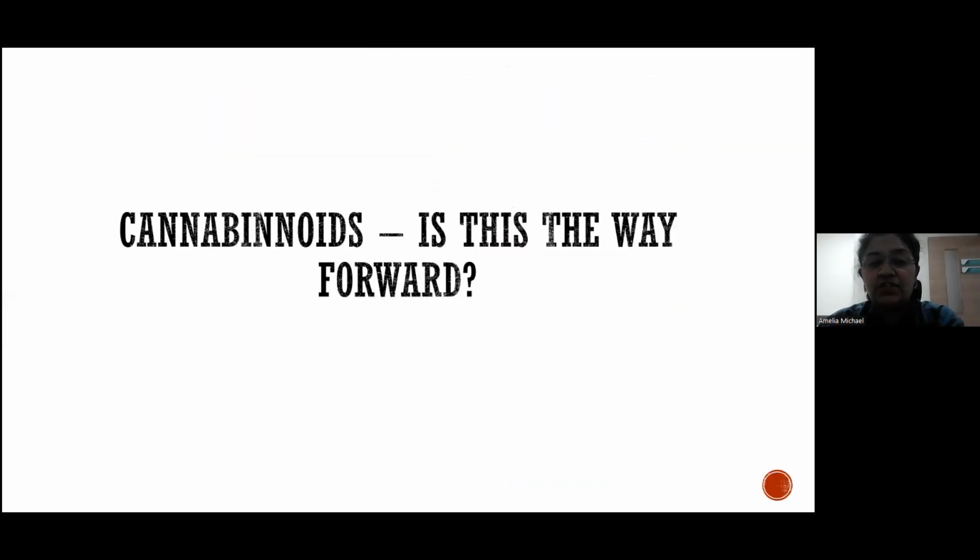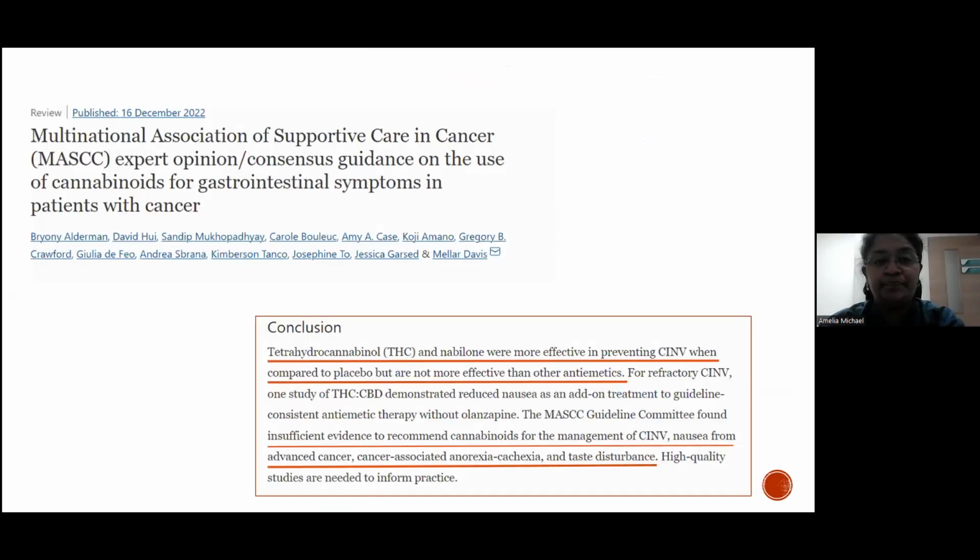So Madam had actually talked about cannabinoids, and our thought is, is this the way forward? The Multinational Association for Supportive Care in Cancer, MASCC, actually had consensus guidelines about cannabinoids in the gastrointestinal system. There are only two parts to these cannabinoids that we really need to know, all from hemp.